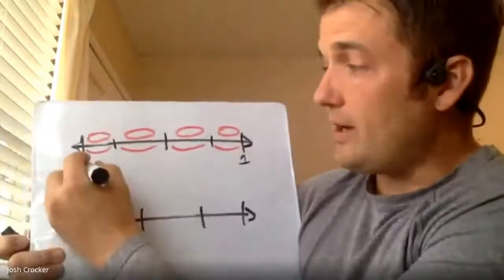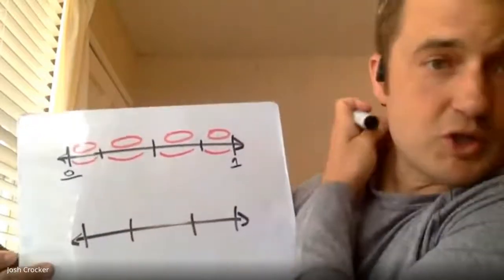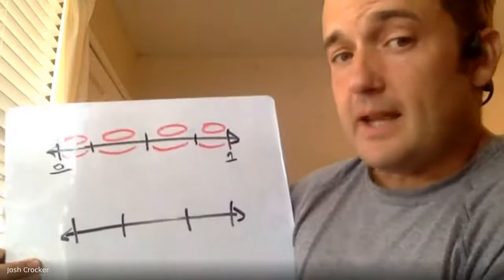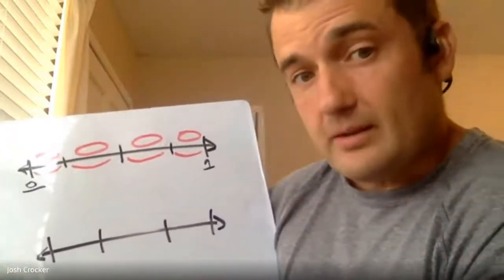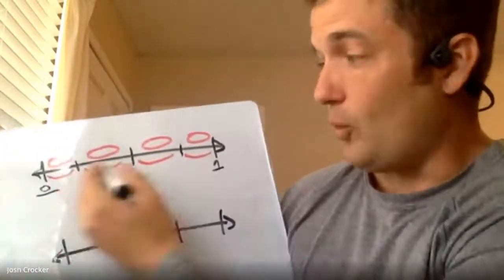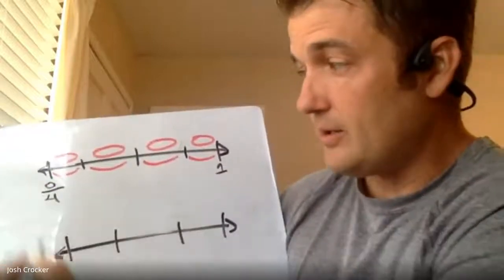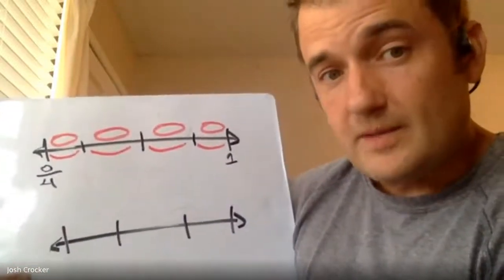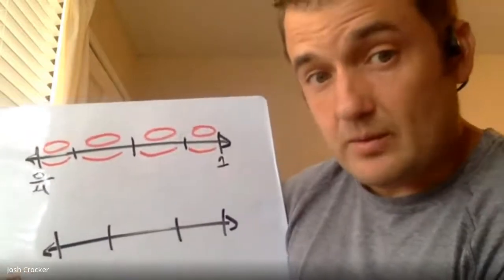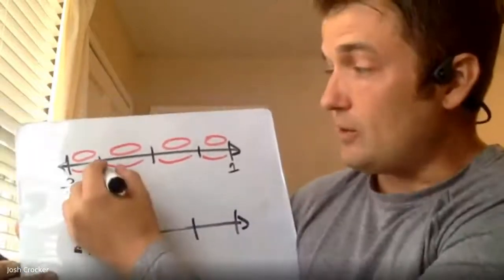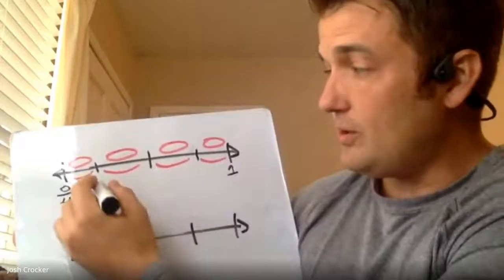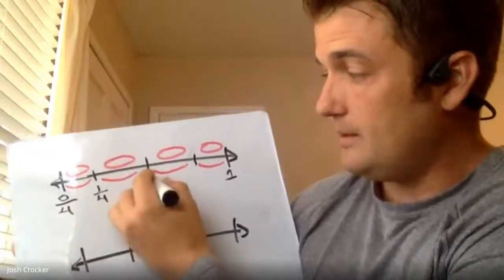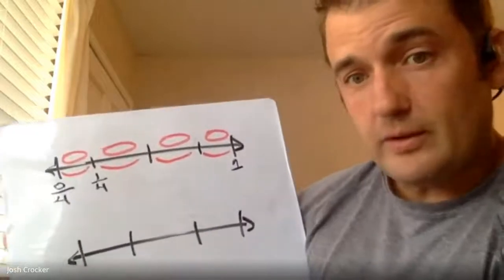It starts at 0, and once you figure out how many pieces there are, that tells you your denominator. So 4 pieces, my denominator is 4. It starts at 0 fourths. 0 fourths is like nothing. It's like 0. And then the first line is 1/4.